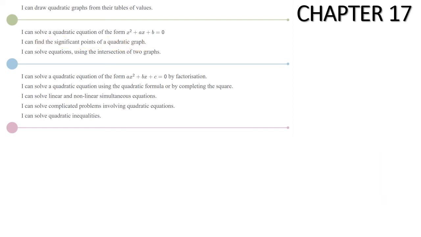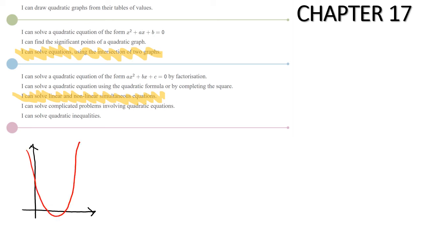Right, we need to be able to also solve simultaneously. Now hopefully you'll remember we can solve simultaneously either by looking at where the graphs cross or by solving algebraically. Okay, so if I had a quadratic graph like this and I had a straight line graph that looks like this, these points where they cross, that's the solutions.